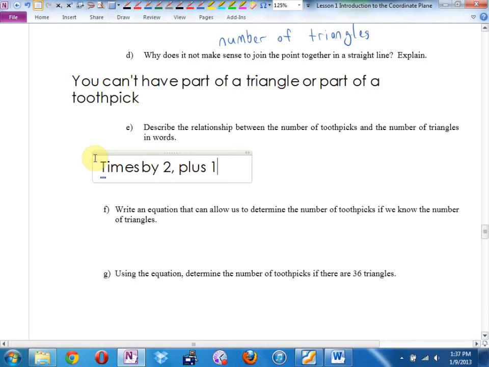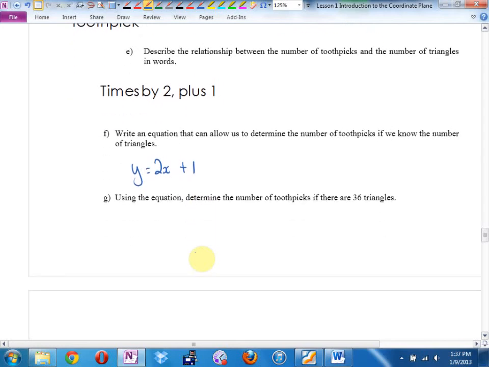F says, write it as an equation. Can do that. Y equals 2x plus 1. So now I can use this equation and I can figure out how many toothpicks if there are 36 triangles.